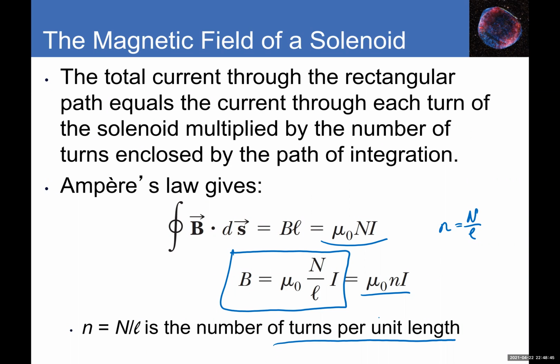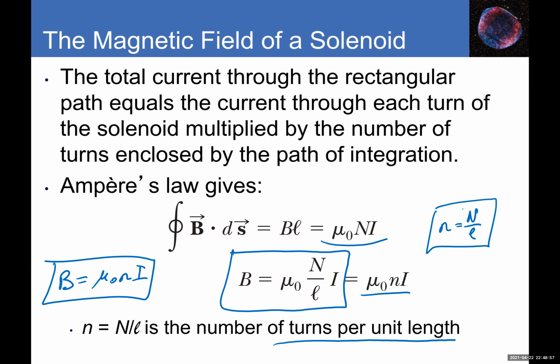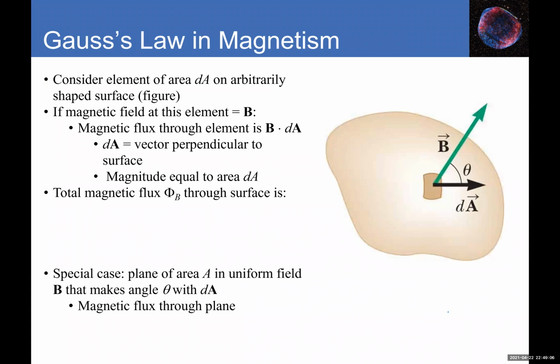Usually what we say is that the magnetic field inside a solenoid equals mu naught n I, again remembering that lowercase n is the number of turns per length. So this is then the magnetic field of a solenoid.